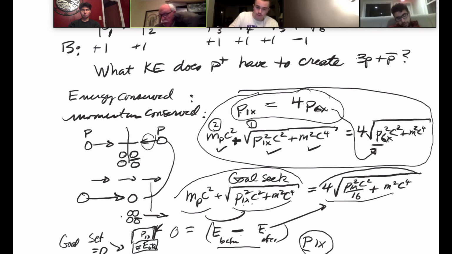You don't know it, so you just put something in there as a placeholder, and this won't be equal to 0 at first. But then you go to goal seek and say, hey, make this 0 by changing this number right here. And it'll do it. And so when you're done, the left side equals the right side, and you know what momentum it took to do that.